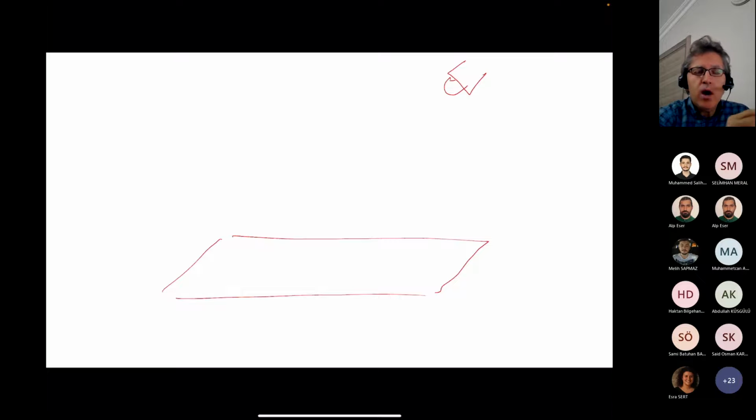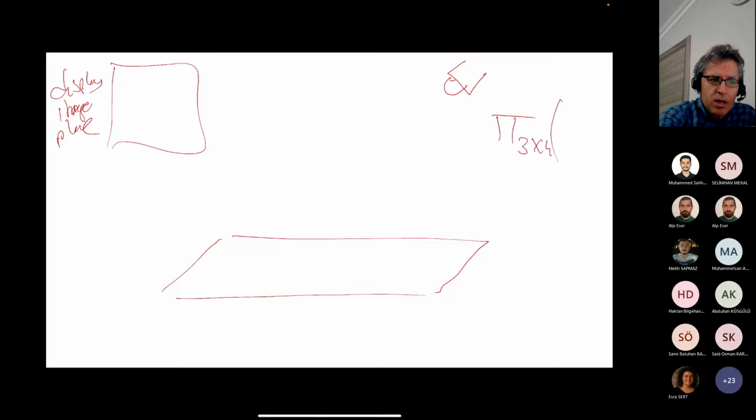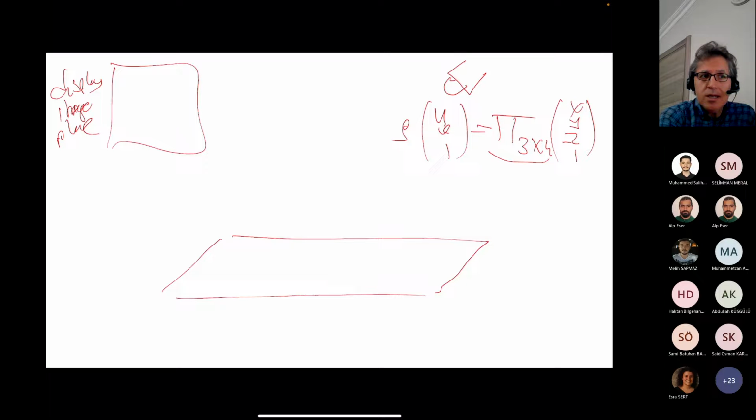I don't know how my projector is aligned, but one thing that I know is that my display or image plane is not aligned, because of this Pi matrix here, a 3x4 matrix, times XYZ1, and this UV is not aligned. This is not an identity matrix.